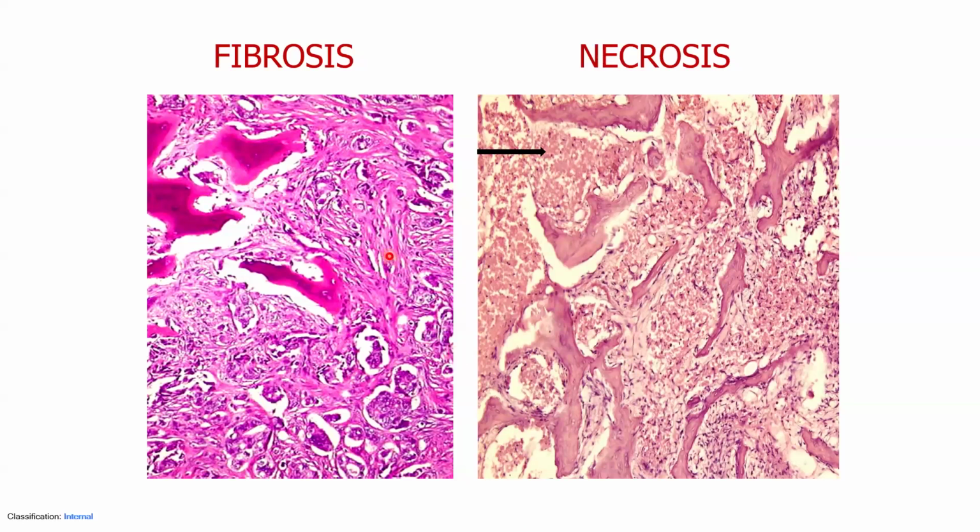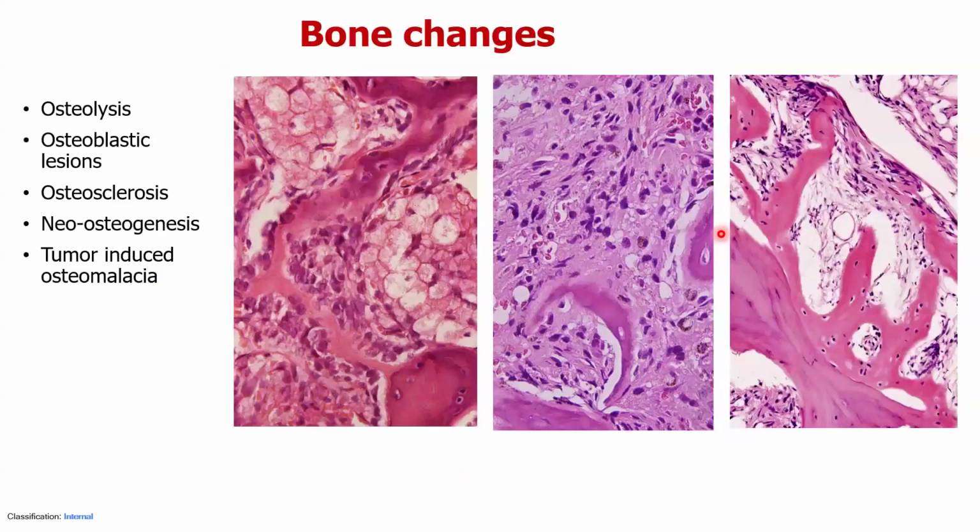Now, this is a case where there is extensive fibrosis, and you could see these clusters of metastatic cells. This was a case of CA breast that had metastasized to the bone marrow with extensive fibrosis. There may be areas of only fibrosis, and sometimes application of immunohistochemistry can pick up some cells which are lurking in between or adjacent to this area of necrosis.